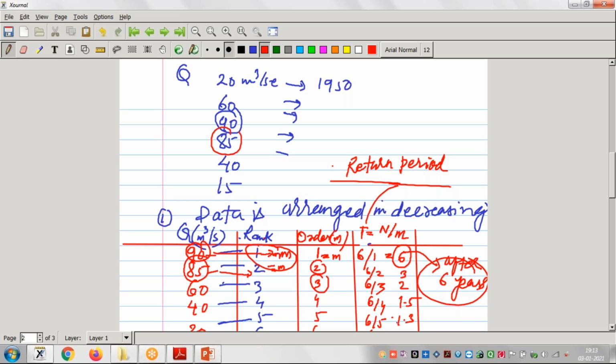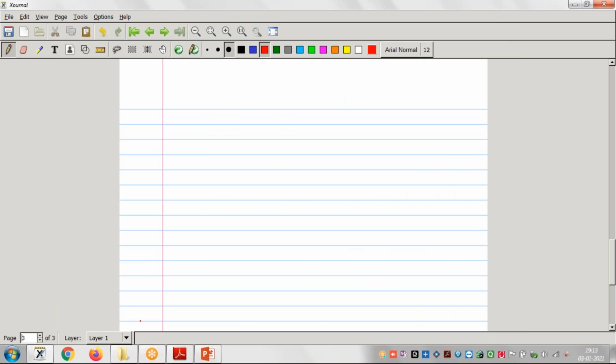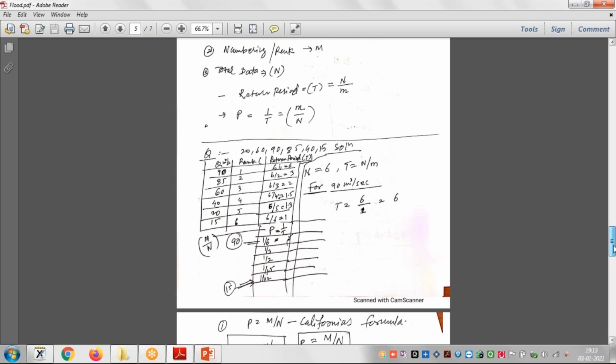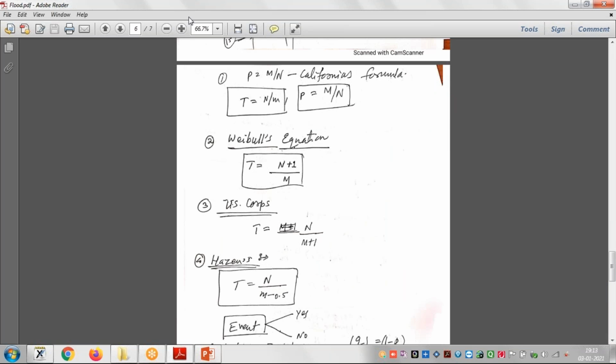There are some more terms actually. This was one of the methods, initially given. Then what happened?